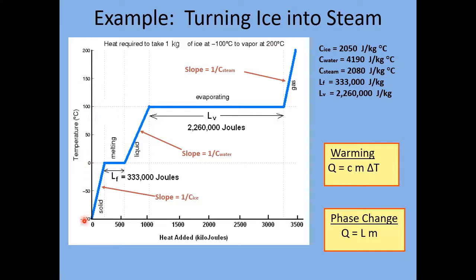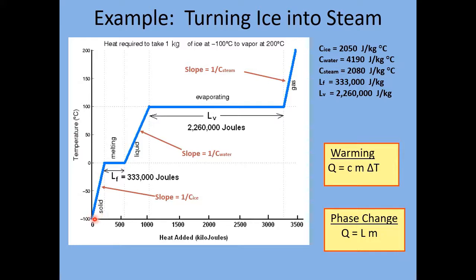So let's look at what this process looks like on a graph with temperature plotted here on the vertical axis versus the heat added down here, and the heat added is given in units of kilojoules. A kilojoule is 1,000 joules. So what happens here is we start at the beginning at minus 100 degrees Celsius. So we're in the solid ice phase.